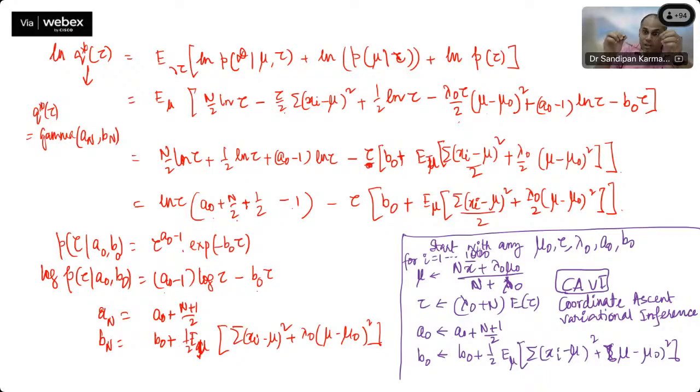Now, any downside of variational inference? Can anybody tell? I think it was discussed in the last class. Markov chain Monte Carlo based simulation or Hamiltonian Monte Carlo are very costly. It takes too much time and computational resources. But variational inference is very fast.